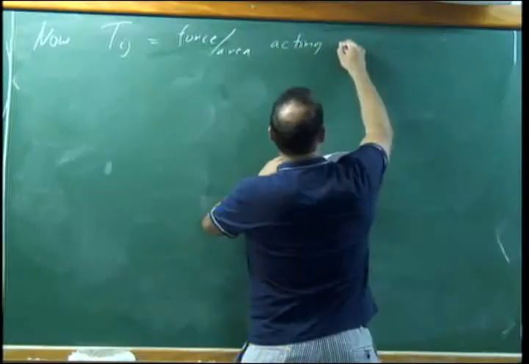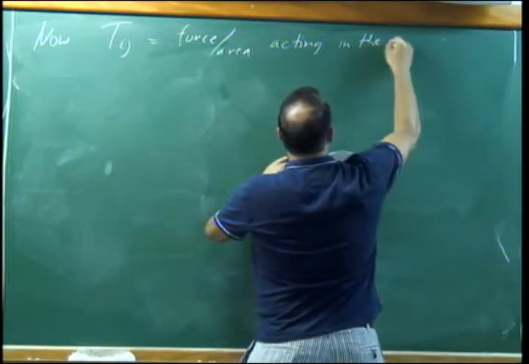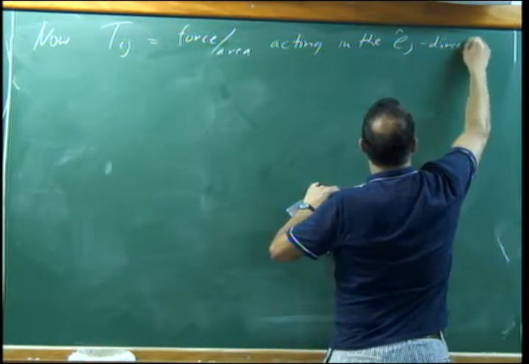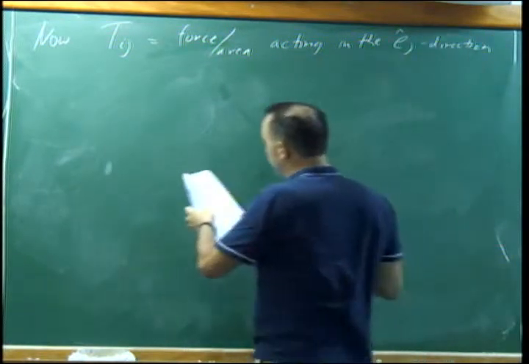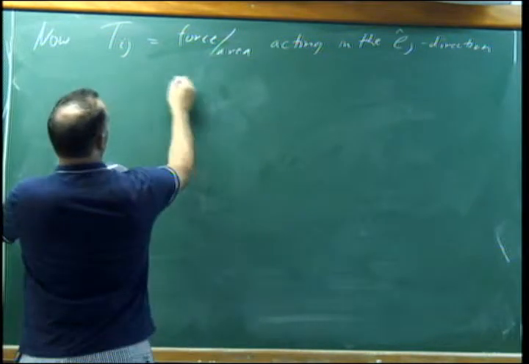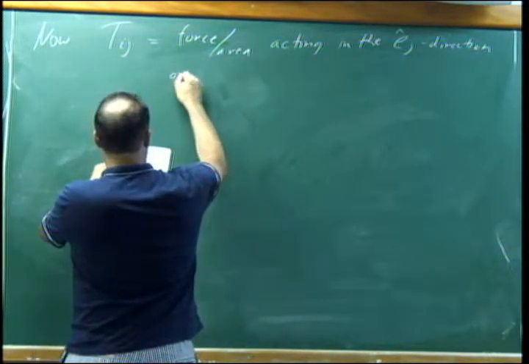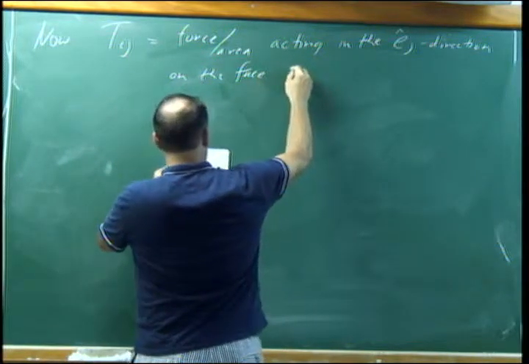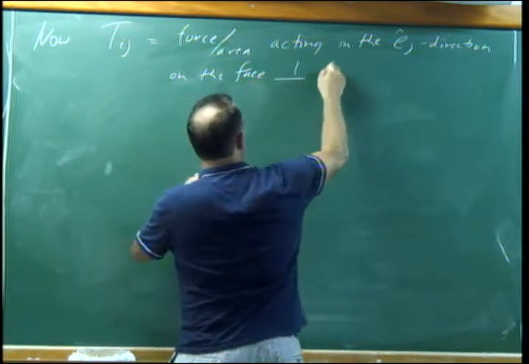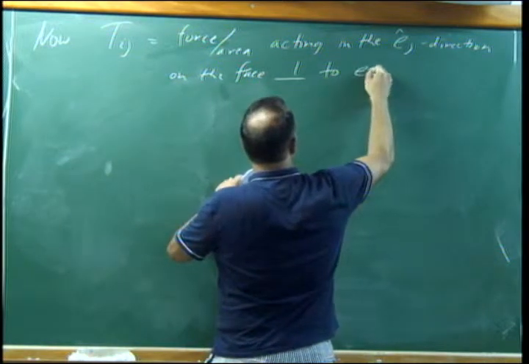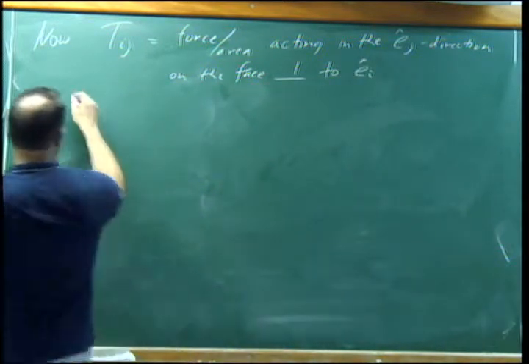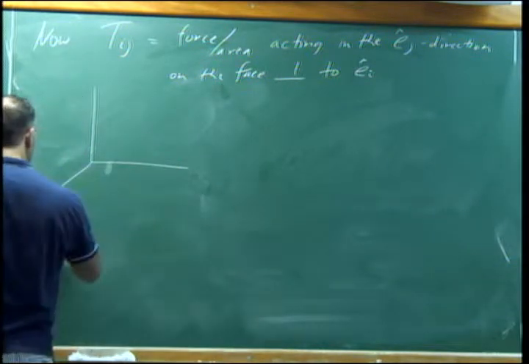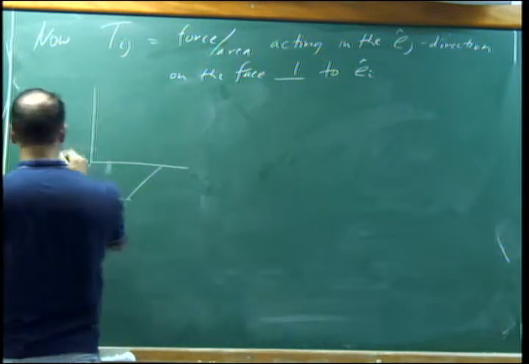Okay, so acting in the Ej direction, so that's a unit vector, on a surface with a face perpendicular to Ei. Okay, so let's just draw our Cartesian coordinates here. So imagine we have a box here.